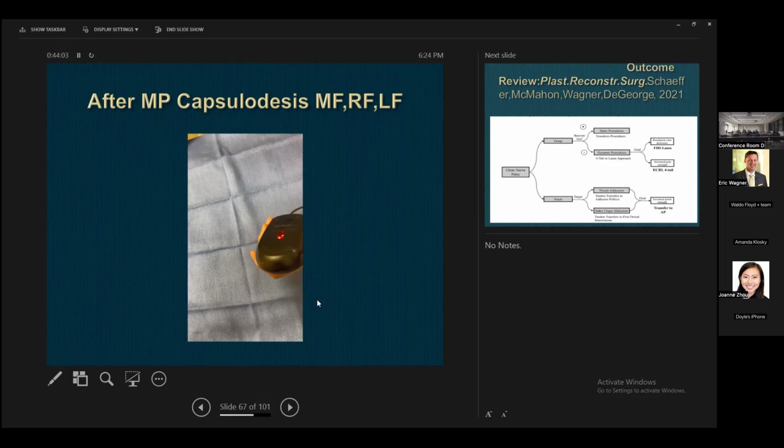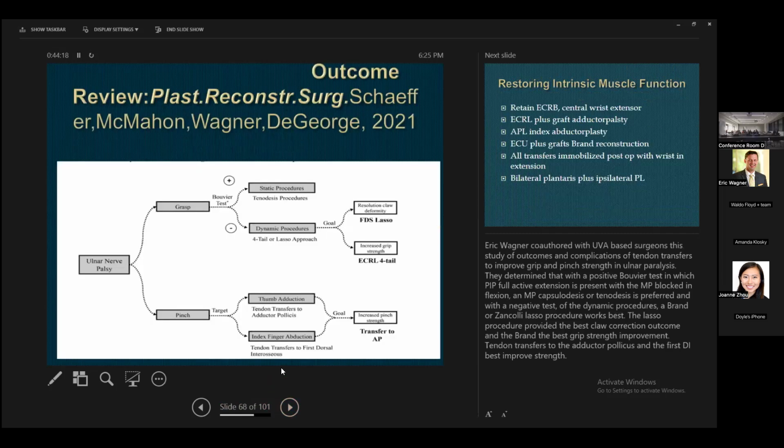I used the Arthrex system with the internal brace. I hope that holds up over time. It's a young woman. When you did that, did you put one anchor on each side and the internal brace in the middle, or did you just put the anchor in the metacarpal head?